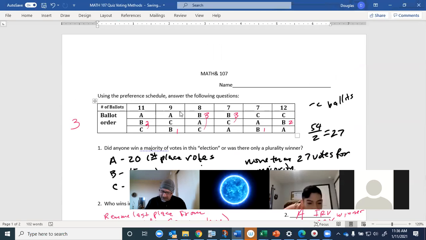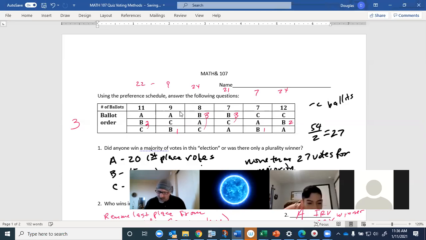So this would be 11 times 2, which is 22. B here is 9 times 1. B here is 8 times 3. B here is 7 times 3. B here is 7 times 1. And B here is 12 times 2, which is 24.